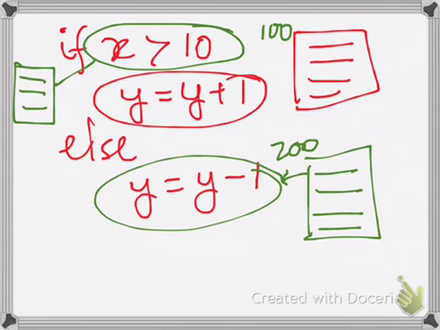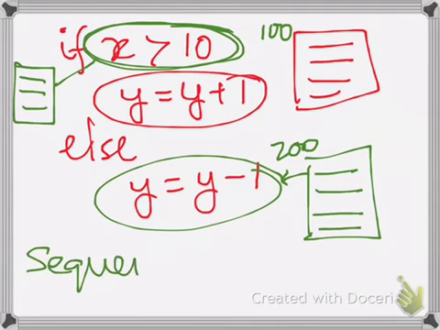So depending upon the condition x is greater than 10, you may either choose to execute at address 100 or the instructions at address 200. So here you are making a decision whereby the flow of control is not sequential anymore. Instead, we have a branch.